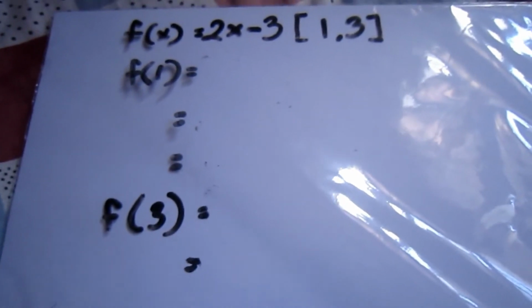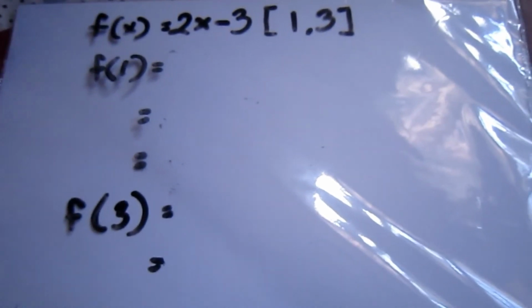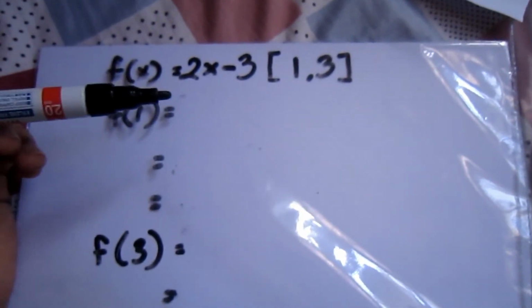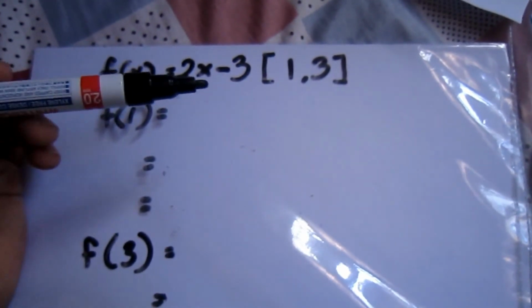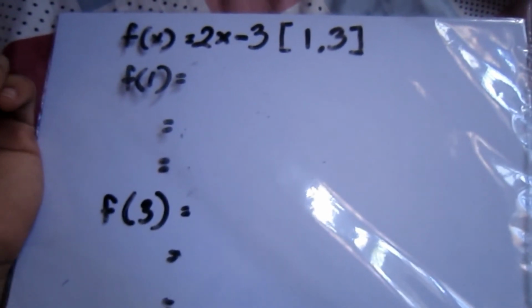So now we're gonna move on to a more detailed part of this discussion. So we have a function which is 2x minus 3 on the interval of 1, 3. So we gotta find first the extremas.